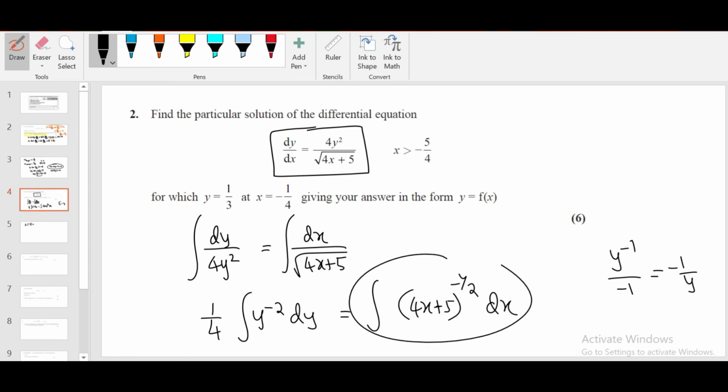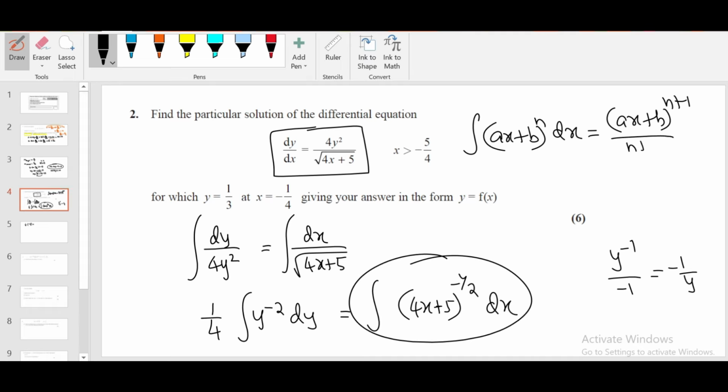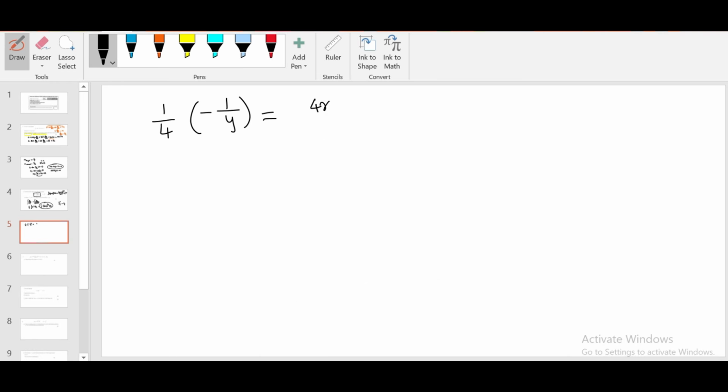On the right hand side, you integrate this by applying this rule, ax plus b. If it's a linear function to the power n, the integral is power n plus 1 over n plus 1 times 1 over the coefficient of x, plus c. So it's going to be 4x plus 5 power minus half plus 1, which is positive half, over positive half, times 1 over the coefficient of x plus c.